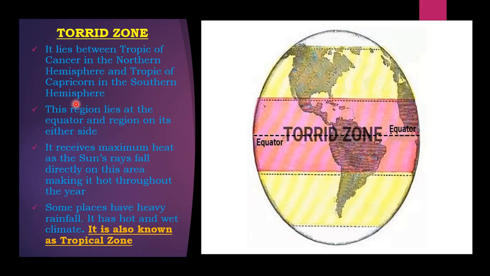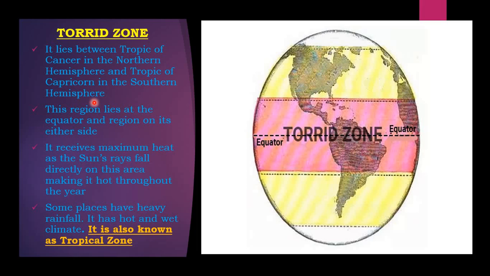So the previous picture has shown you the North Pole and the South Pole. The torrid zone lies between the Tropic of Cancer, which comes in the northern hemisphere, and the Tropic of Capricorn in the southern hemisphere.